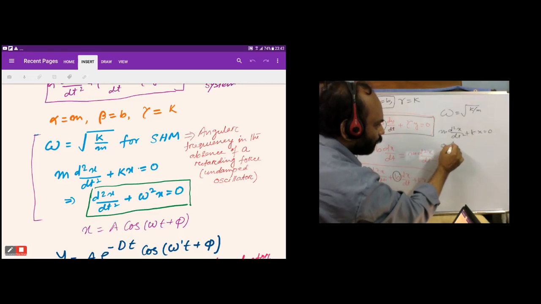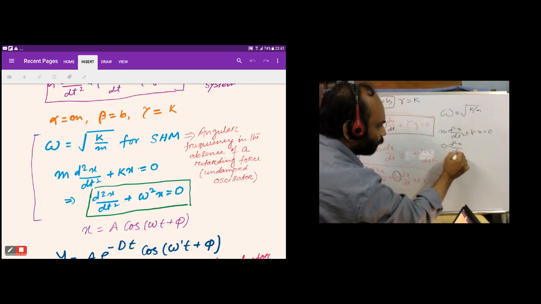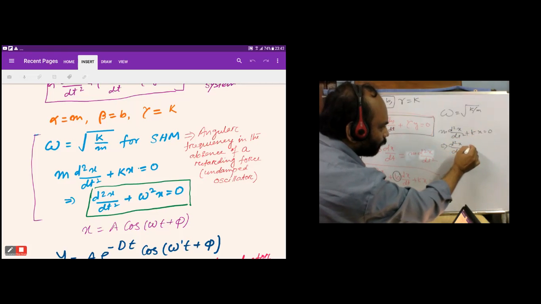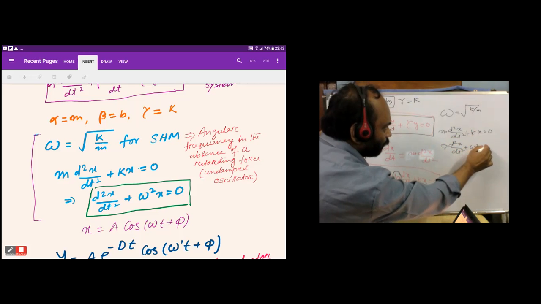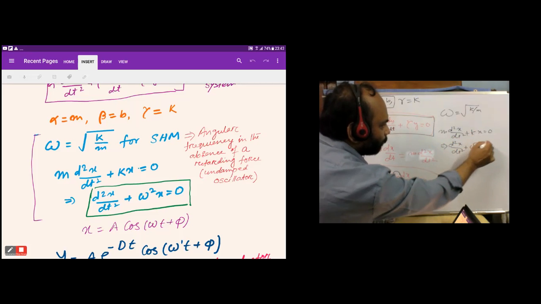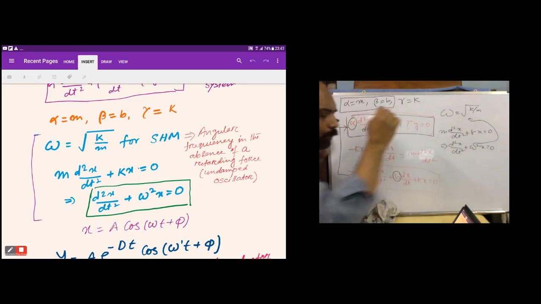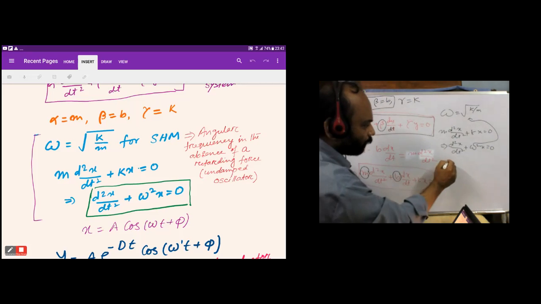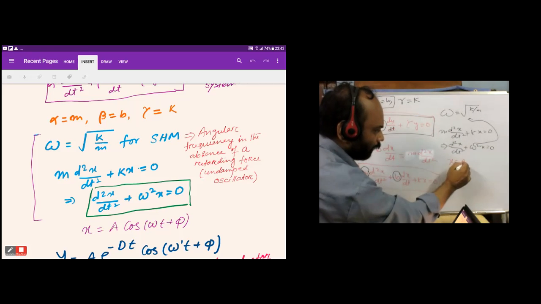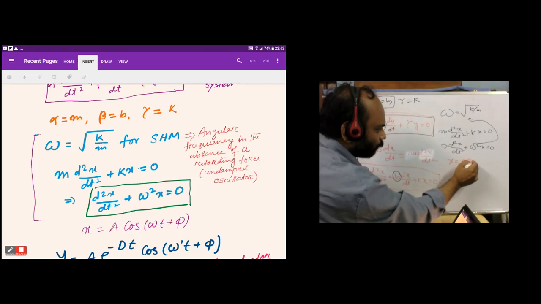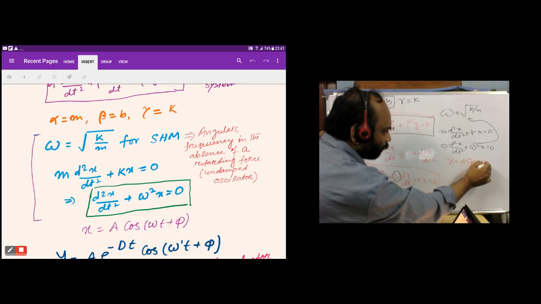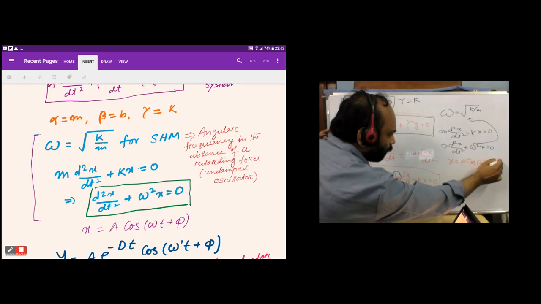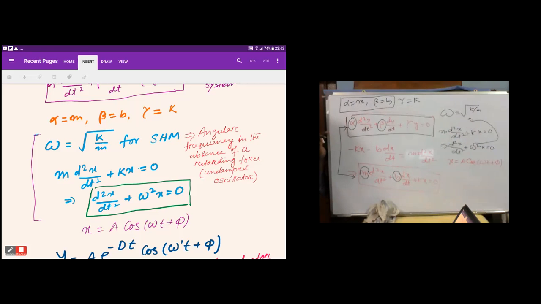That gives us d2x by dt square plus omega square x equal to 0, where omega is equal to square root of k by m, and the solution is x equal to A cos omega t plus phi. This is the solution of a simple harmonic motion.